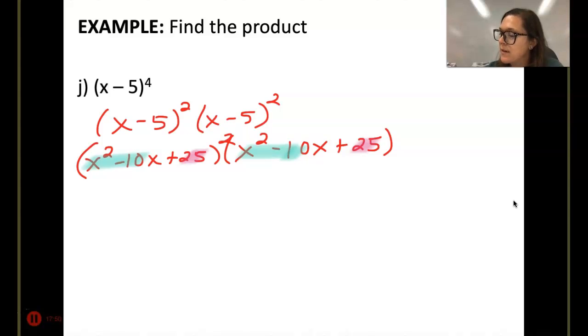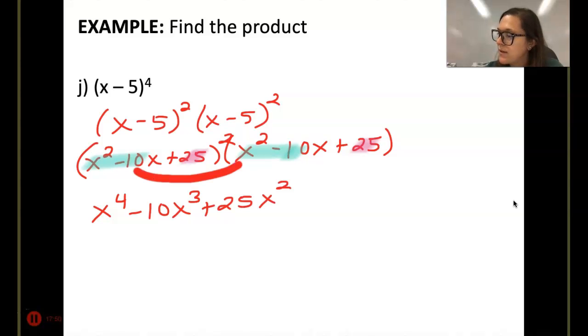So x squared times x squared is x to the fourth. X squared times negative 10x is negative 10x to the third. X squared times positive 25 is plus 25x squared. And then do the negative 10x to everything. So here we have negative 10x to the third. Negative 10 times negative 10 is positive 100x squared.